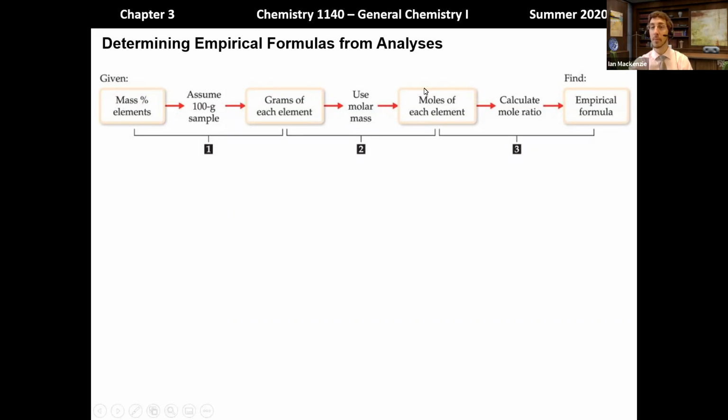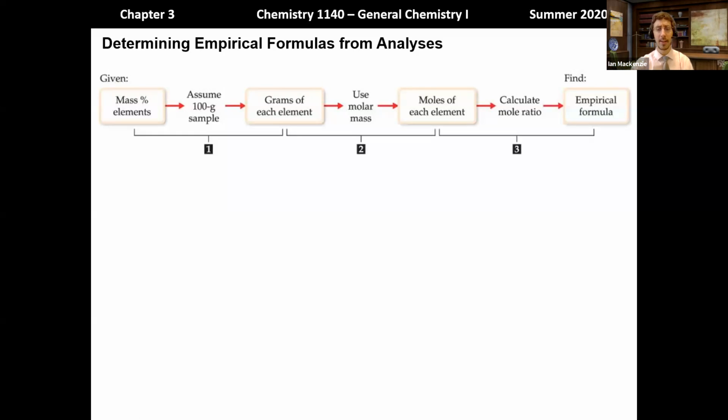Once we have the number of moles of each element, I can find the empirical formula. I can find the molar ratio by dividing all of the number of moles by the smallest number of moles, and that will get me a molar ratio, which corresponds to an empirical formula.